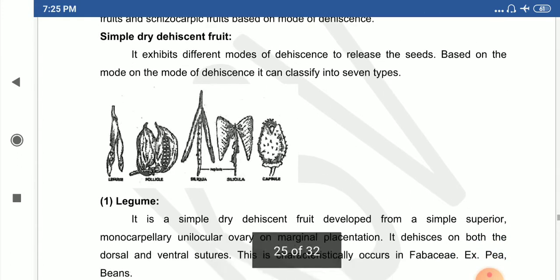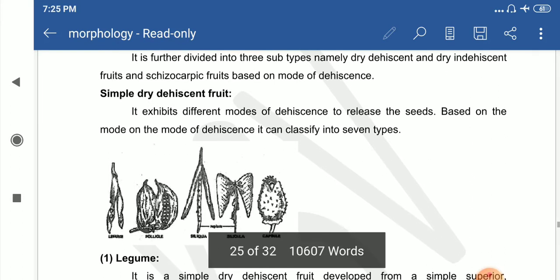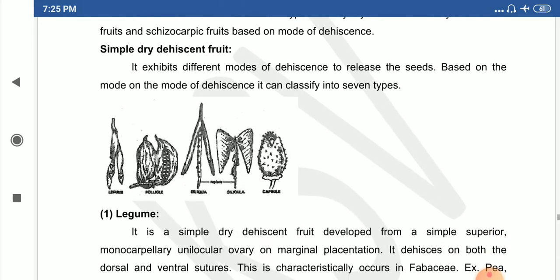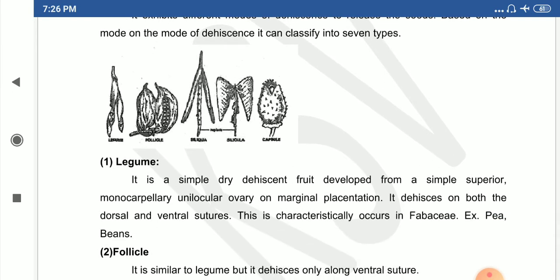Coming to the first, the simple dry dehiscent fruit. After maturation, these undergo dehiscence or split, and the seeds get dispersed. Those fruits are called simple dry dehiscent fruits. The first one is legume.